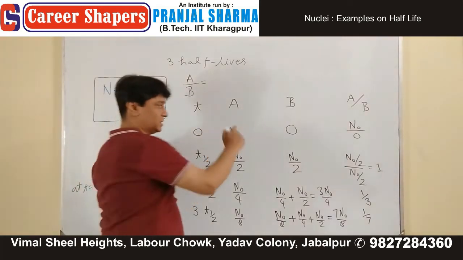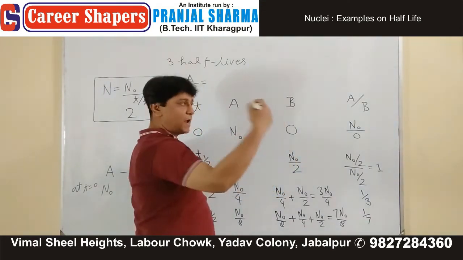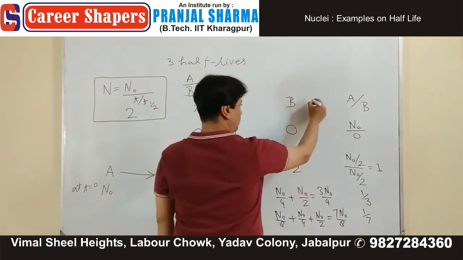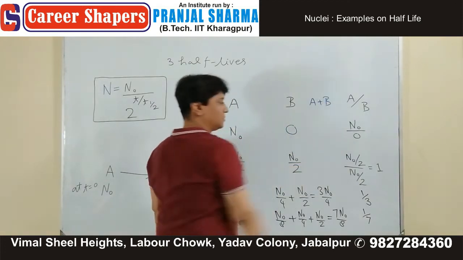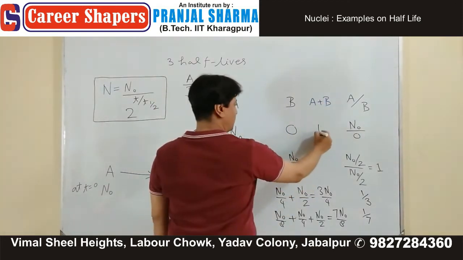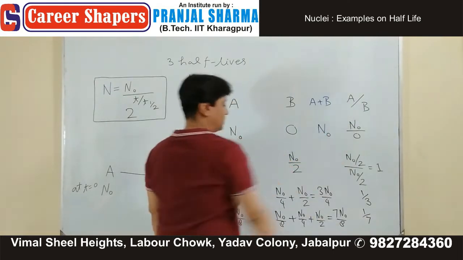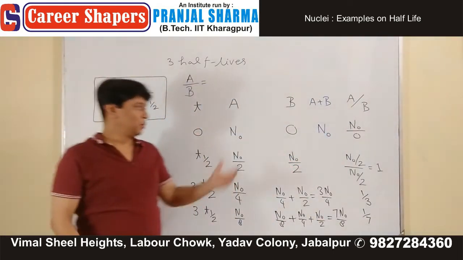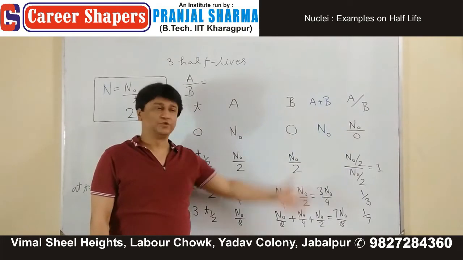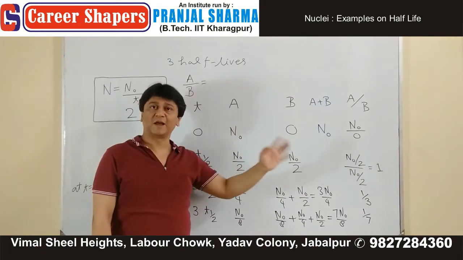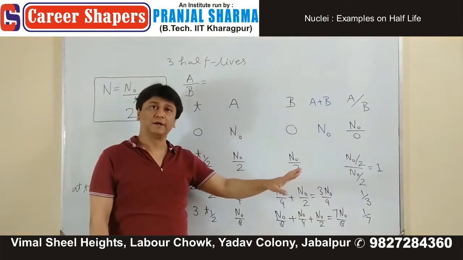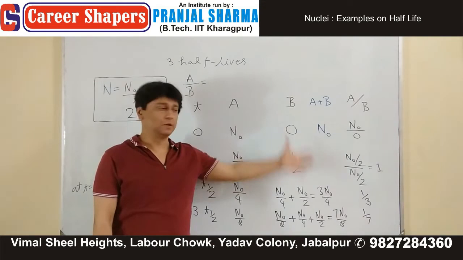At any time, if you look for A plus B, then it should remain what? N naught. Total number of nucleides, they are not changing. This is 100, this is 0. So at all times, you must have only 100 nucleides of A and B together.